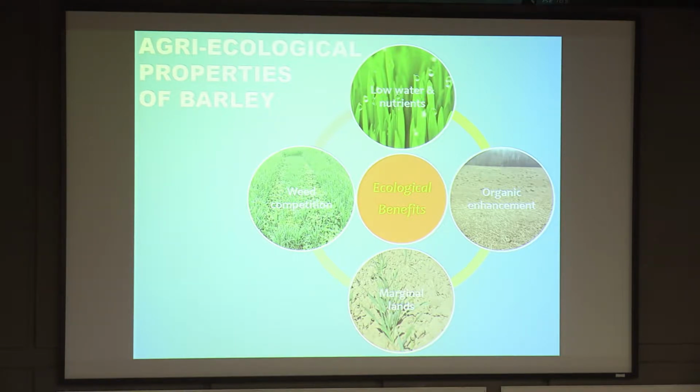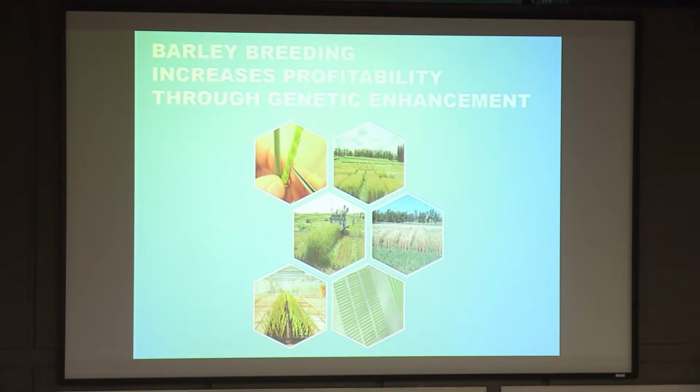It has a low nutrient and water requirement. It's strongly weed competitive. It produces organic material that is worked back into the soils, and it's able to be grown on marginal lands. So I work in a barley breeding program, and barley breeding increases profitability through genetic enhancement.